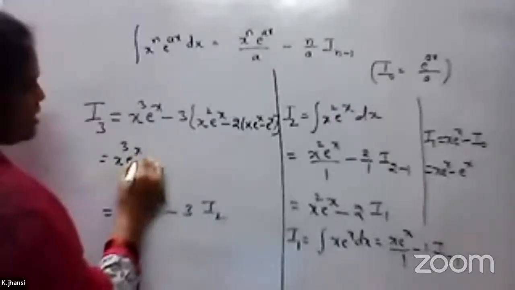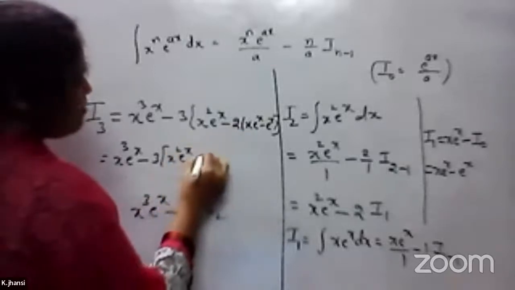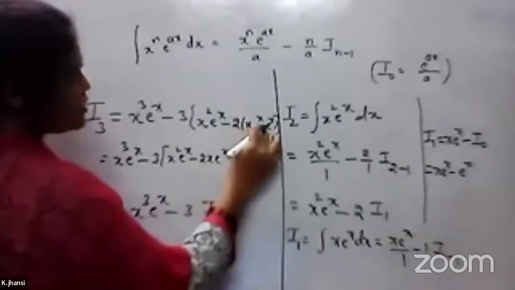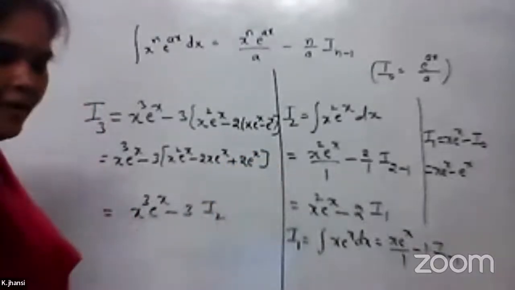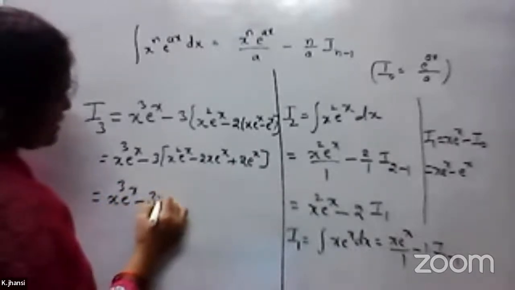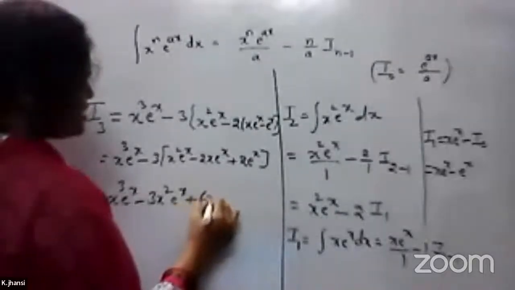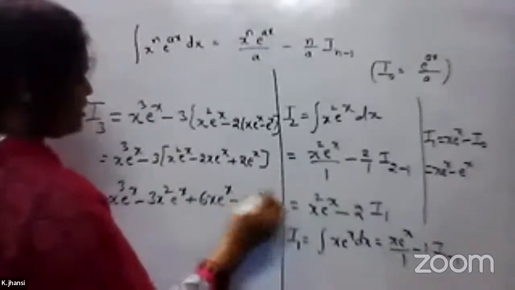So it is x cube e power x minus 3 x square e power x minus 2x e power x, minus into minus is plus 2 e power x. Now you multiply with 3. It is equal to x cube e to the power of x minus 3x square e power x, minus into minus plus 6x e to the power of x, plus into minus minus 6 e power x.